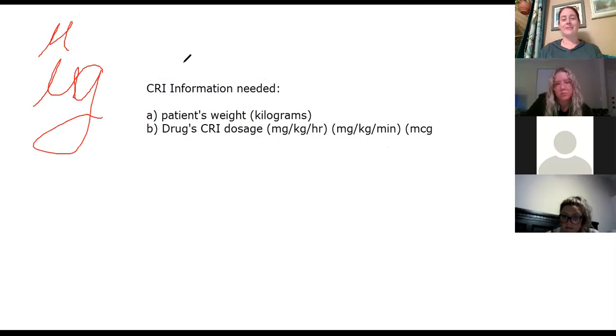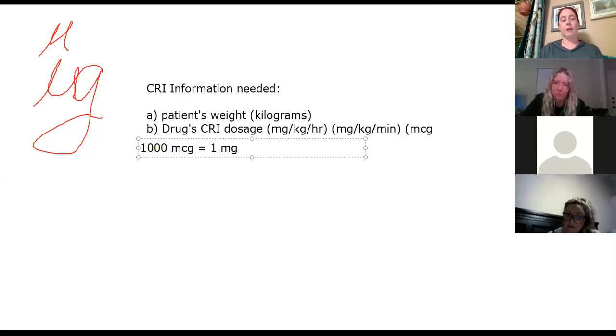So it can show up in micrograms as well. Keep in mind that 1,000 micrograms is equal to 1 milligram. Or with our micrograms, it'll be 1 million micrograms in our kilogram.